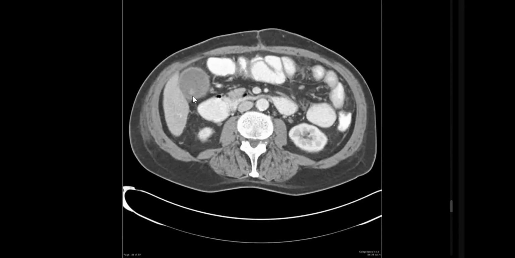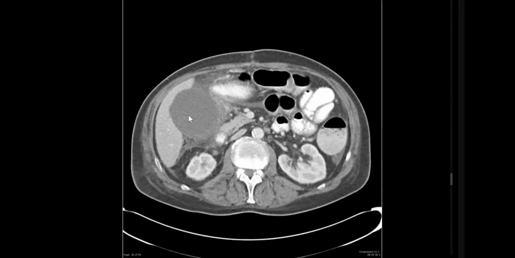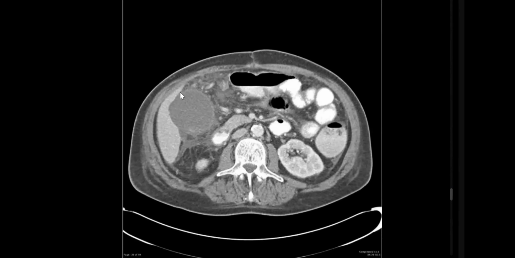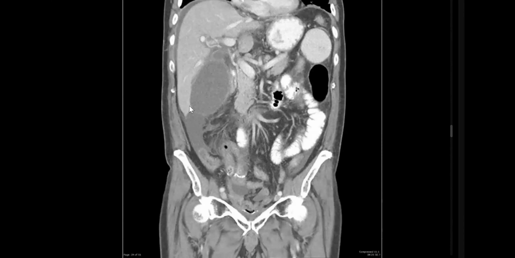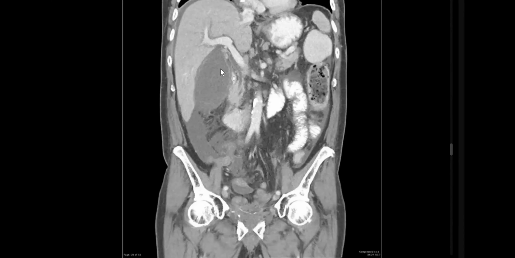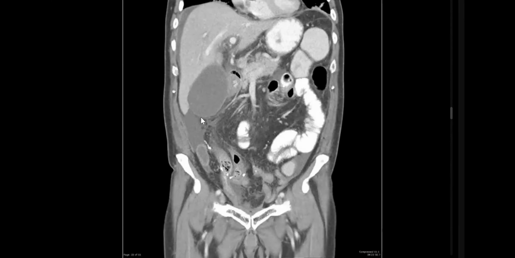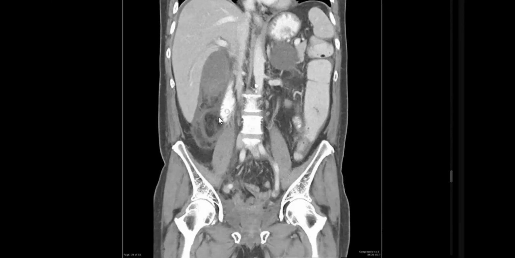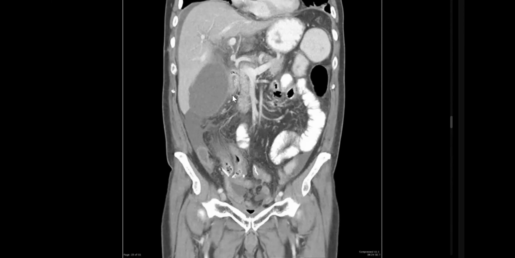It may be sloughed mucosa, maybe sloughed wall. On the second study, lack of wall enhancement. It's definitely gangrenous, but still not perforated yet since it is distended. Excellent, my friend. Thank you. Well done, my friends.